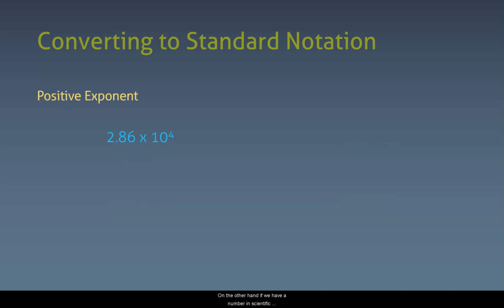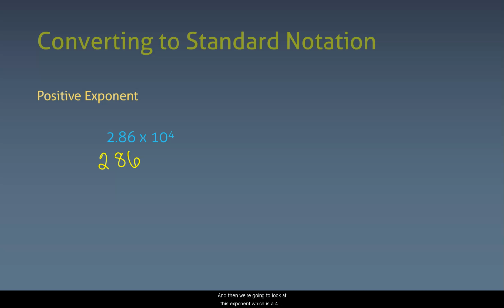On the other hand, if we have a number in scientific notation, we might want to convert it back into standard notation. In order to do that, we're going to rewrite the number without the decimal.